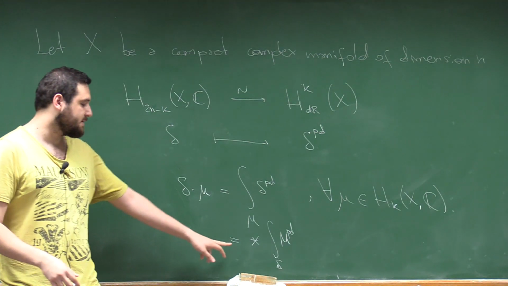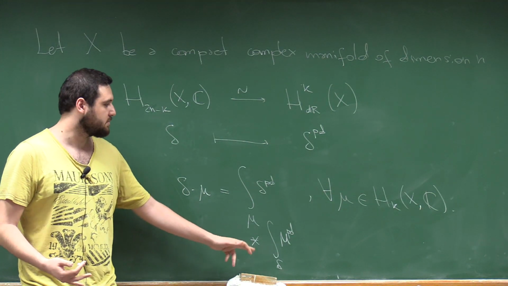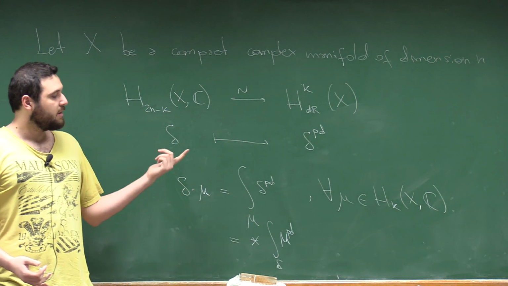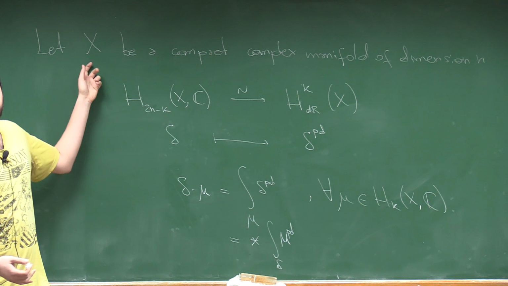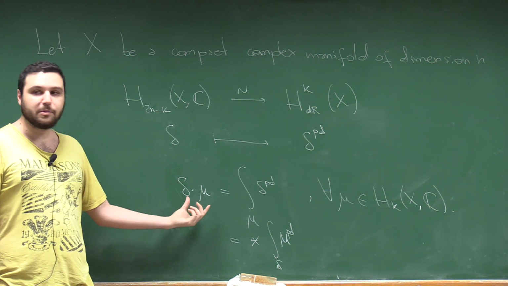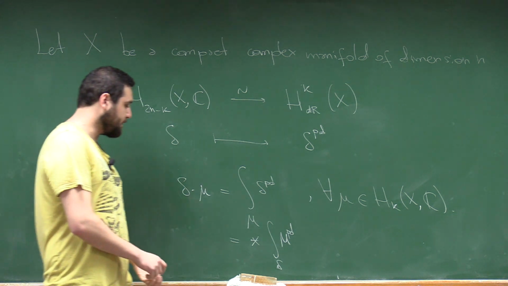This constant is minus 1 to the k. But it's a constant that depends only on k and on X. It's independent of the choice of delta and mu.